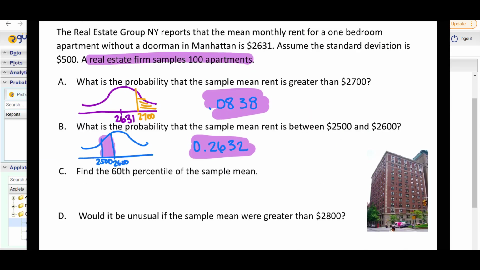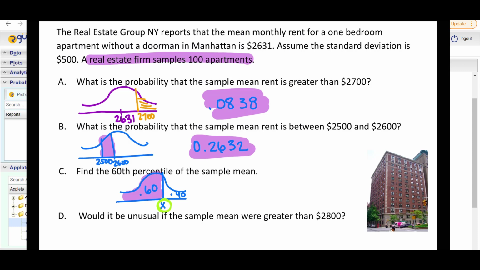All right, so now we're switching gears. Find the 60th percentile. So if you'll recall, the 60th percentile is the boundary that separates the lower 60%, or 0.60, from the upper 0.40. So they're giving us the probability, and we are looking for the boundary for that.